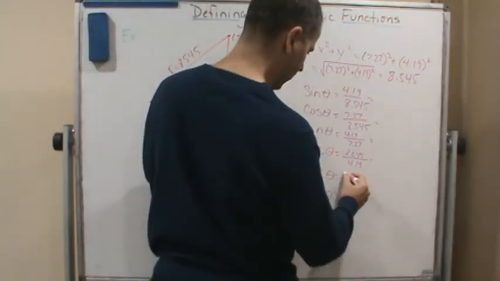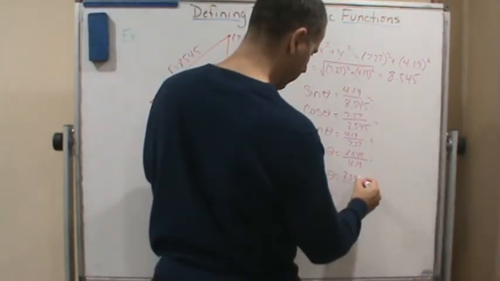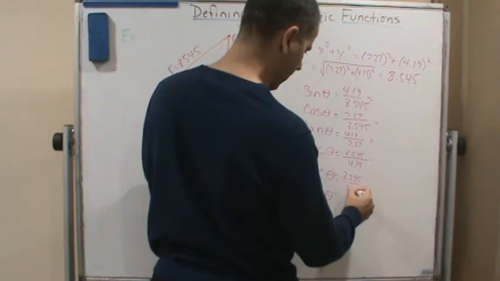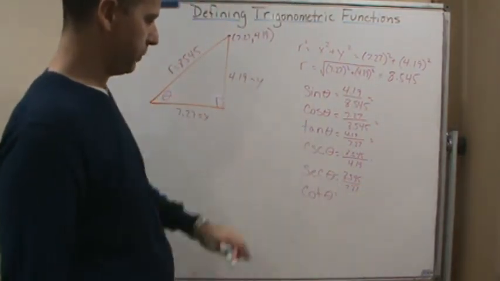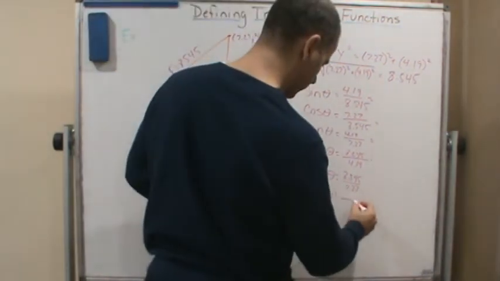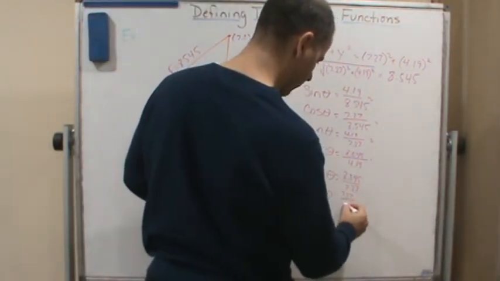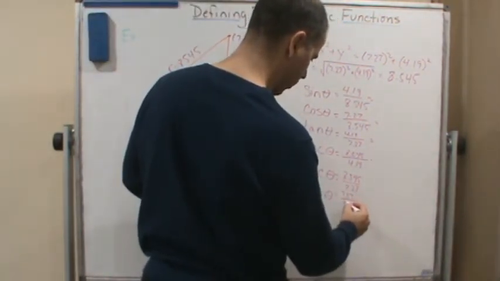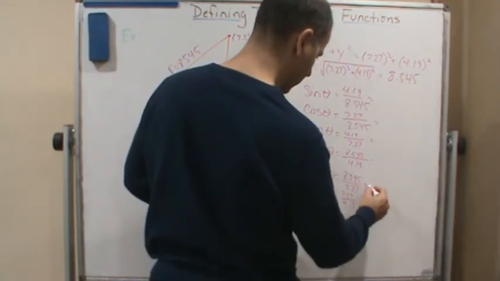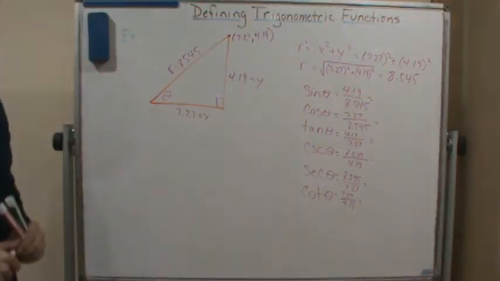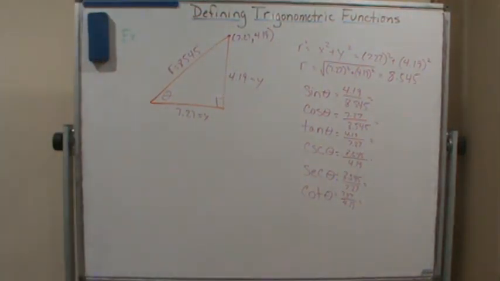So that's going to be 8.545 over 7.27. Okay, and then cotangent is the reciprocal of tangent. So this is going to be 7.27 divided by 4.19.